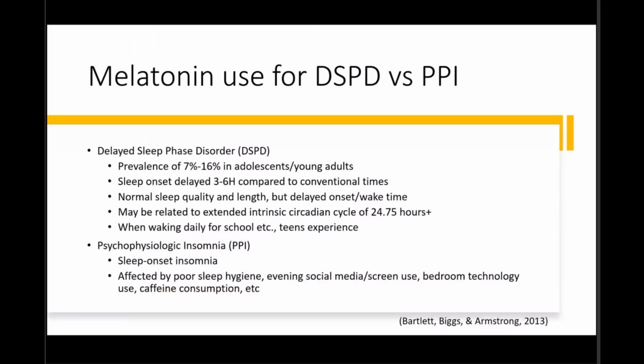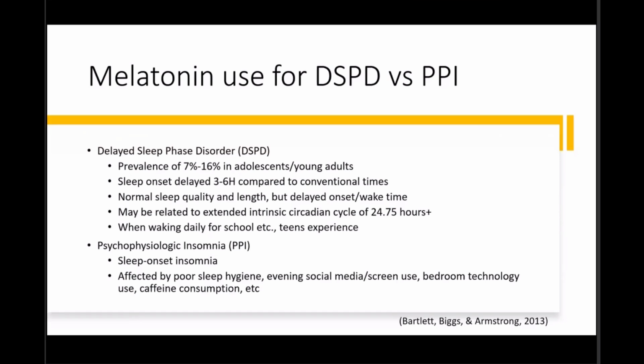The more accurate, I suppose, use for melatonin might be this delayed sleep phase disorder, where you have an actual difference in the circadian rhythm and endogenous melatonin secretion in comparison to the 24-hour clock. So prevalence for this is about 7 to 16% in adolescents and young adults, but the pattern begins developing in earlier adolescence.